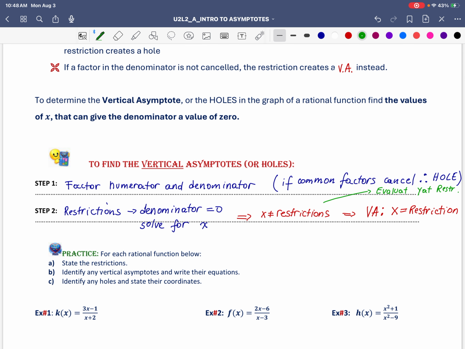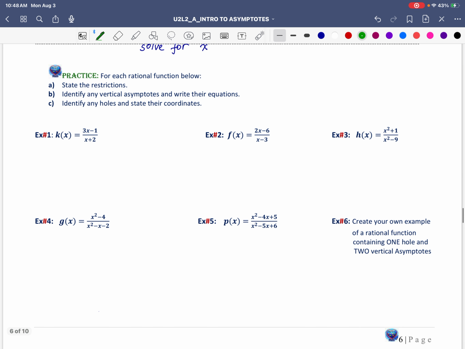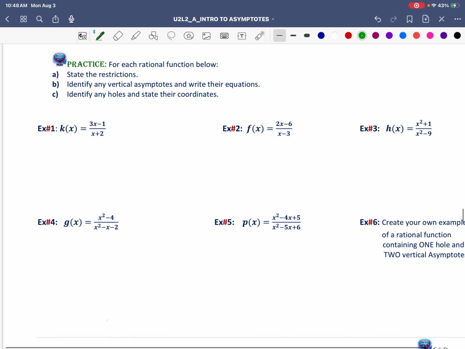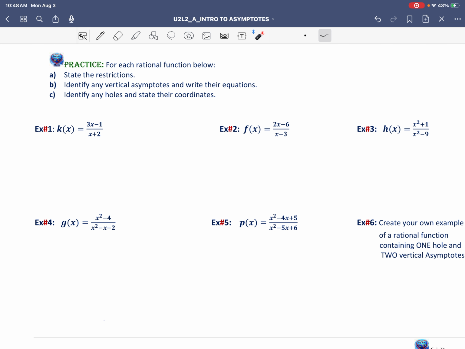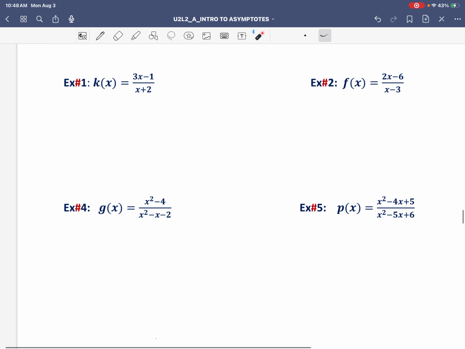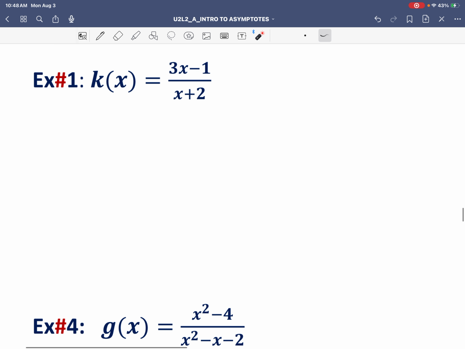Let's take a look at some examples together. So we are given a bunch of equations here, and we're going to have to determine the vertical asymptotes and identify if there are any holes and determine them. So we're going to start with example 1, 3x minus 1 over x plus 2. Check to see if you can factor. Nothing factorable in here, so we're going to jump to restrictions. Now remember that the restrictions are always hiding in the denominator.